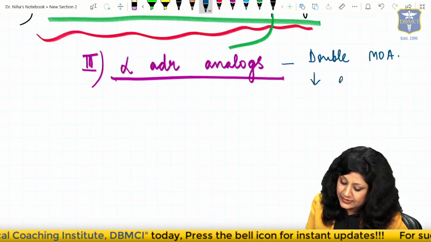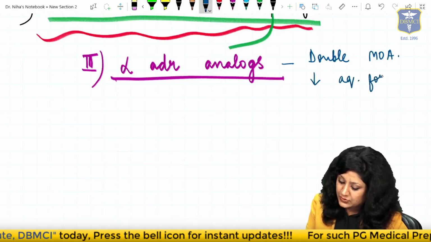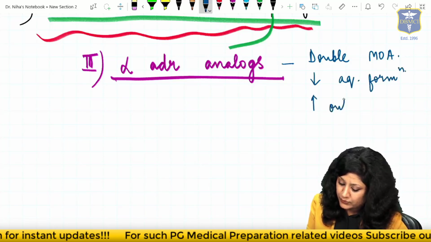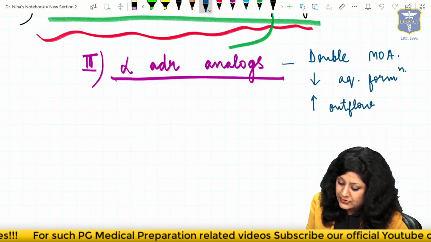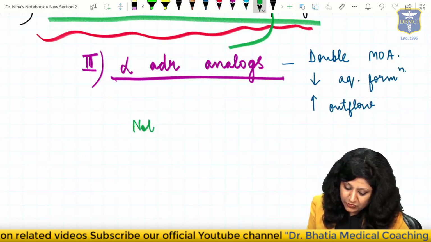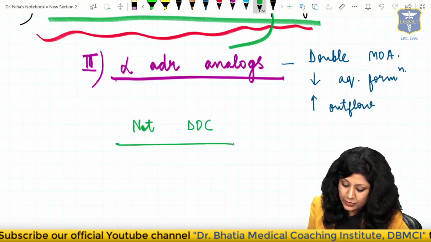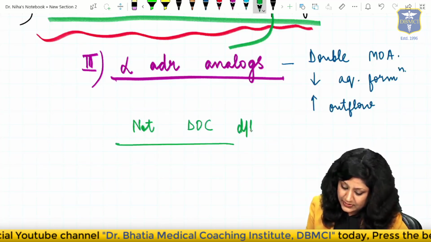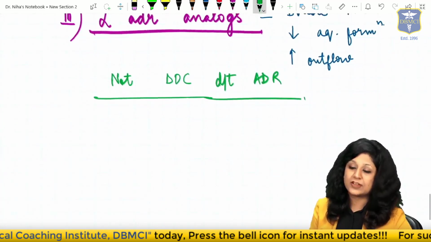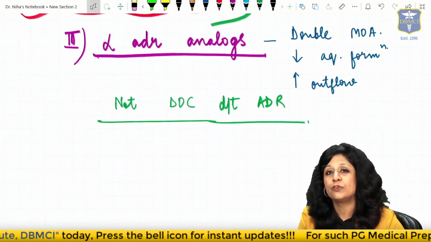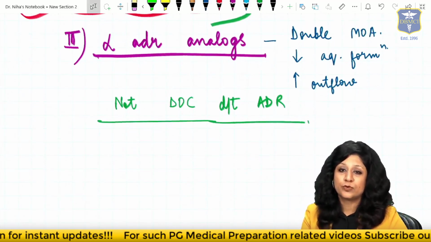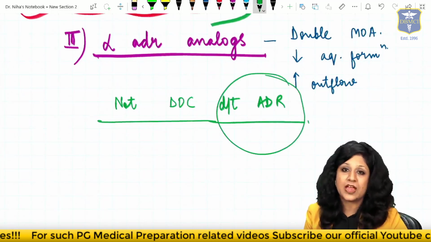They are decreasing the aqueous formation, right, and they are also increasing the outflow, right, but still they are not the drug of choice, and this is due to their adverse reactions. So this is again an important point, though these drugs are the only group of drugs which are offering you the double mechanism of action, still they are not the drug of choice because of the adverse reactions.